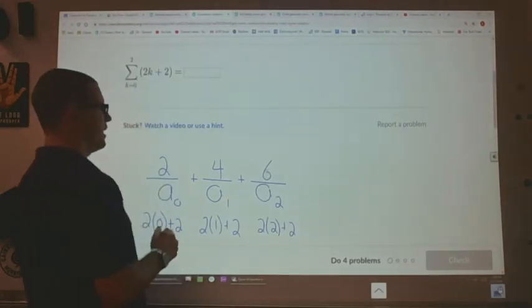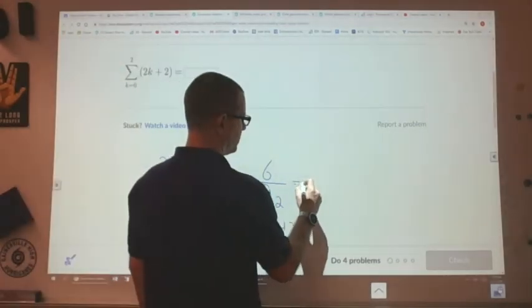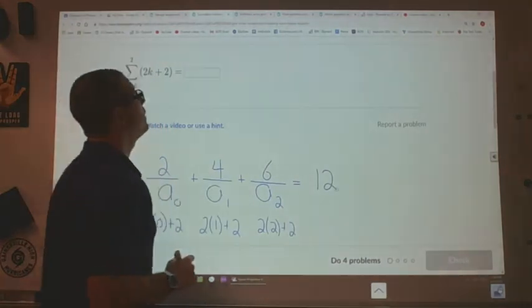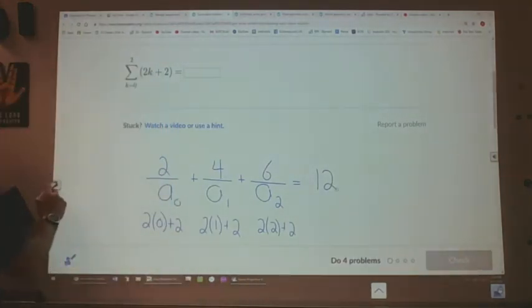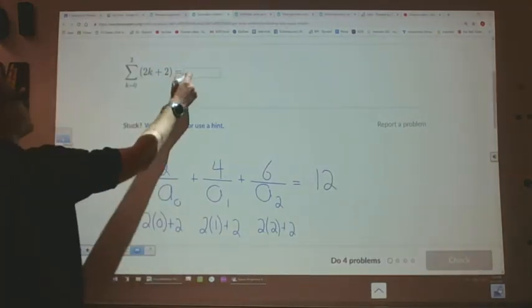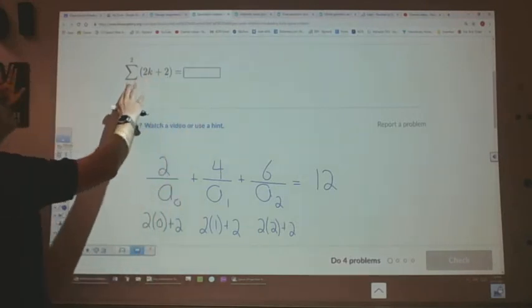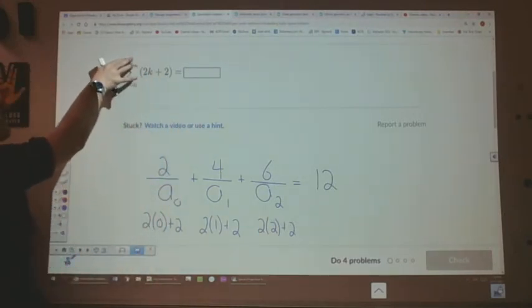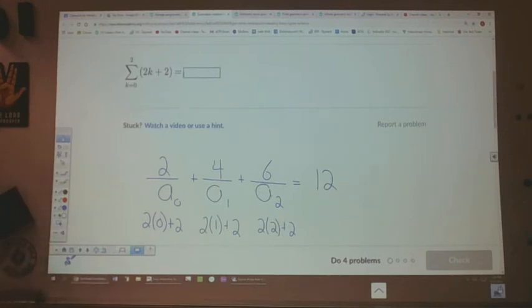And then I just add those together. So 2 plus 4 is 6, plus 6 is 12. So the sum of the terms a sub 0 to a sub 2 given by this sequence is 12.